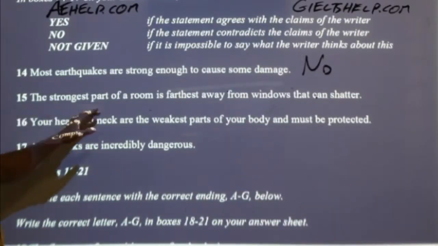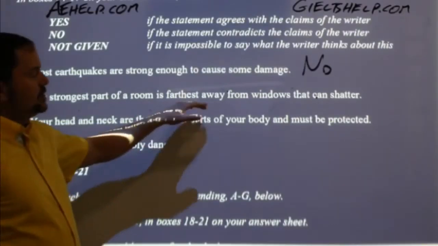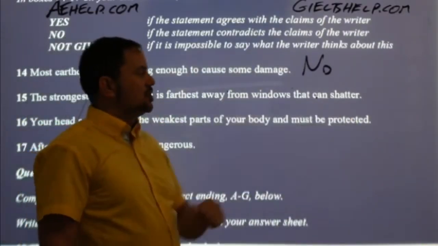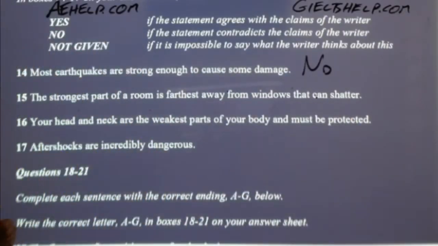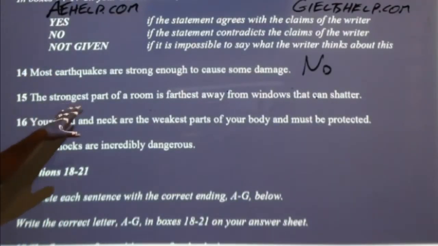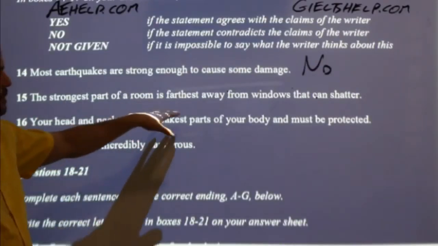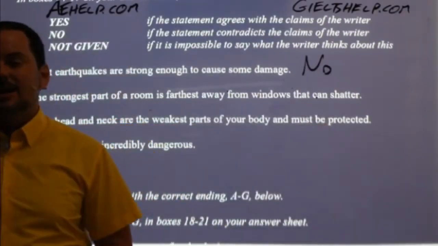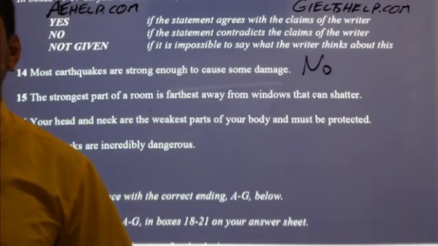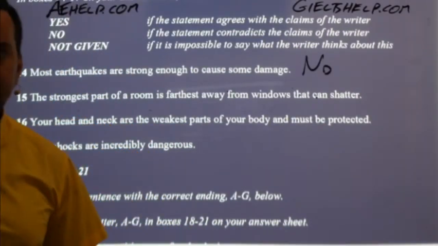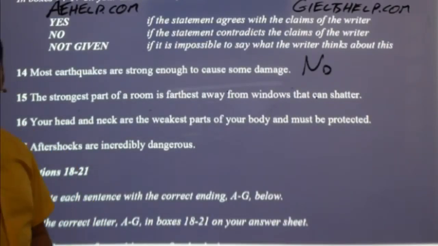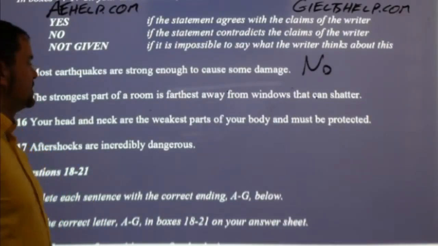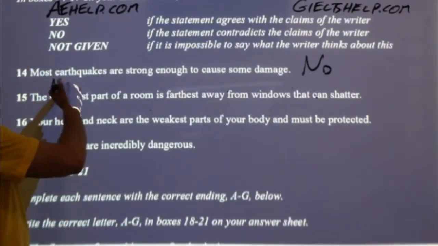The strongest part of a room is furthest away from the windows that can shatter. Okay. Is it important to know that the strongest part of the room is the furthest away from windows that can shatter? Is that important to know for this passage? Yeah, so Farah Mars says it's not exactly said, it's no. Okay.